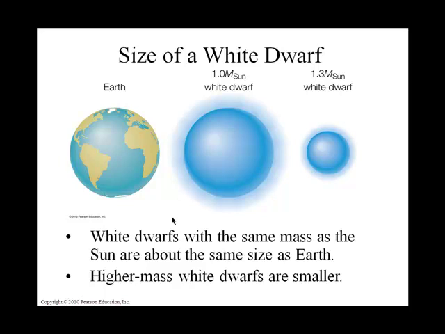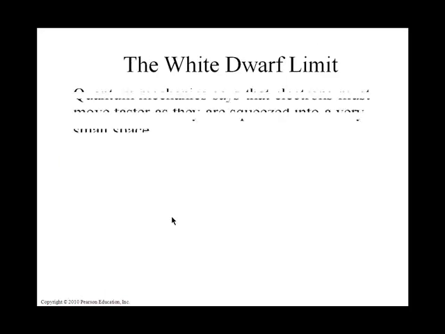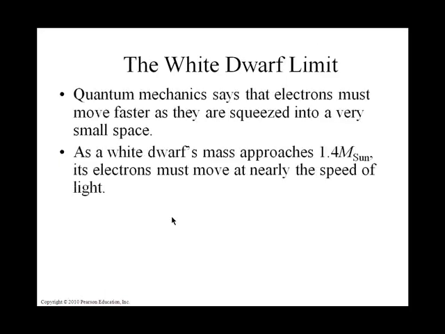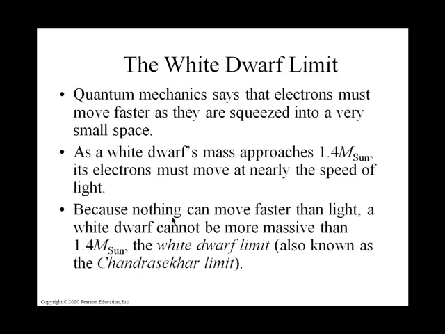What we're going to see here in a minute is there's a limit that a white dwarf can be. If it's more massive than 1.4 solar masses, we say electron degeneracy can't hold it up anymore. Okay, so a white dwarf is still kind of normal matter in that we think of normal matter as having a nucleus.